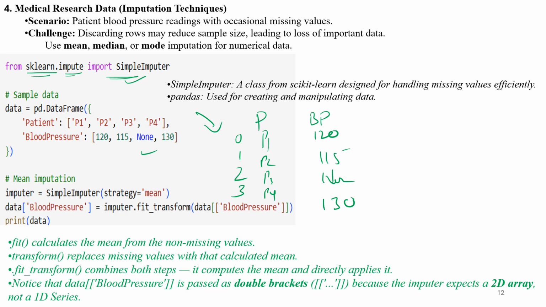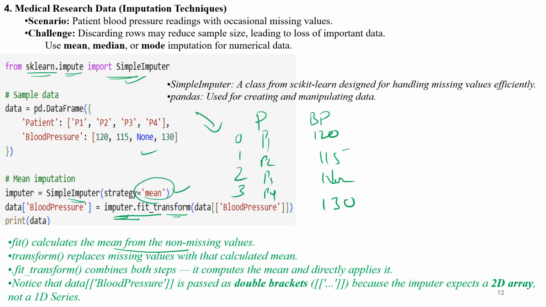Now I am going to apply this SimpleImputer, which is already imported. In SimpleImputer, I'm going to take the mean strategy. If you find any missing value, you replace it with the mean value. That is the logic. So you call that imputer, then imputer dot fit calculates the mean from the non-missing values.